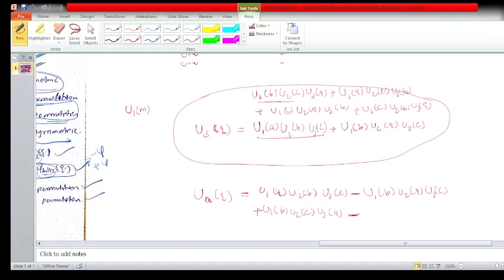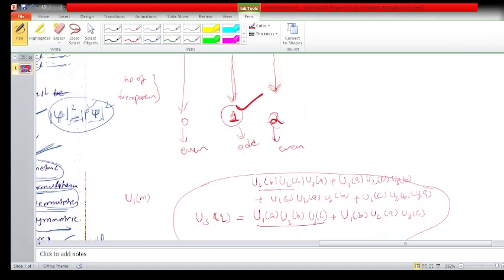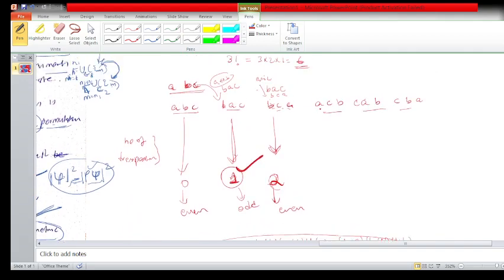Okay, so let us consider that. This is even, then we have ABC here. What we have to do here is only interchange B and C, so only one transposition. This is odd, right?